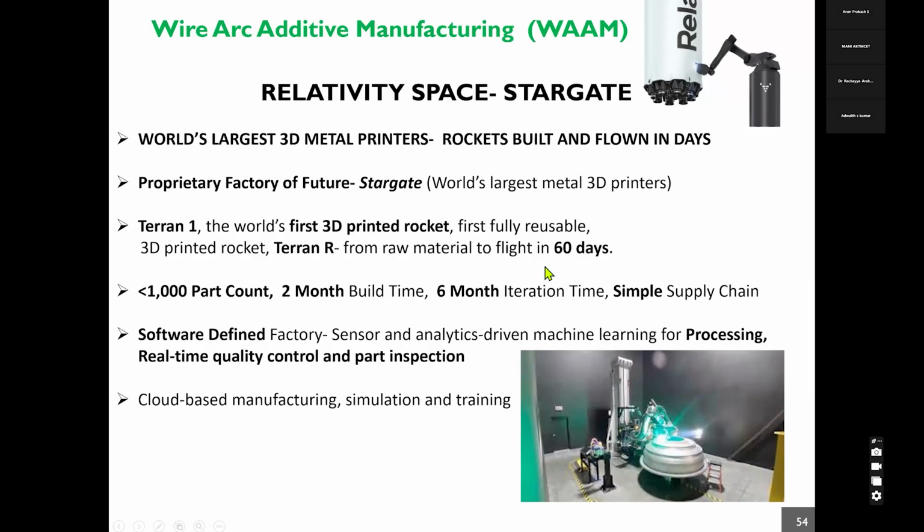And now they are looking at making the flight in 60 days time. You can see here significantly reduced cycle time by adopting additive manufacturing. And also you can see here the part count for the entire rocket is less than 1,000, and they are able to make the entire rocket in 2 months time.